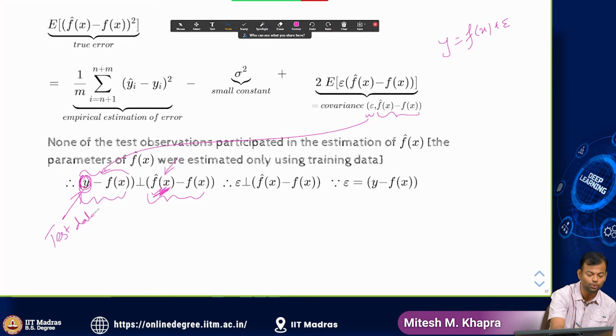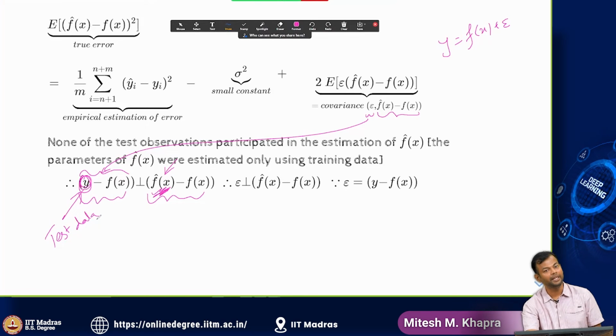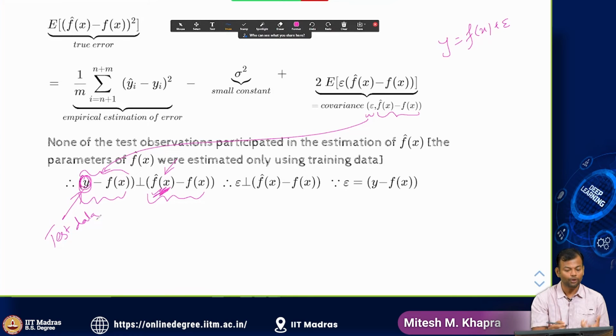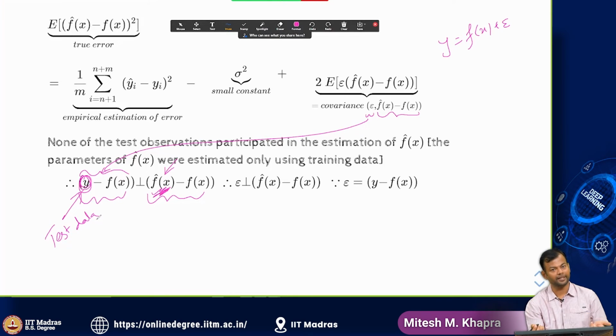Hence these two random variables are actually independent, because the y's that you are seeing here did not participate in f hat of x, they did not have any say in the estimated parameters of f hat x, because this belongs to the test data and the test data did not participate in the estimation of f hat x, right. So now these two quantities are actually independent.